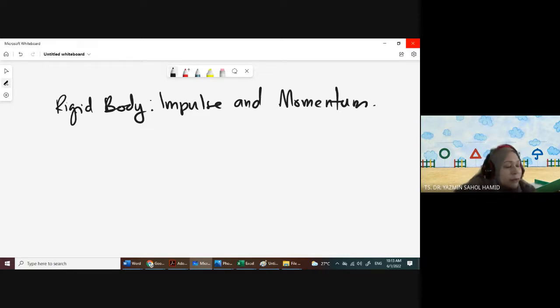We're going to apply the principle of linear impulse and momentum to solve rigid body planar kinetic problems, and we're going to solve forces, velocity, and one more is what?